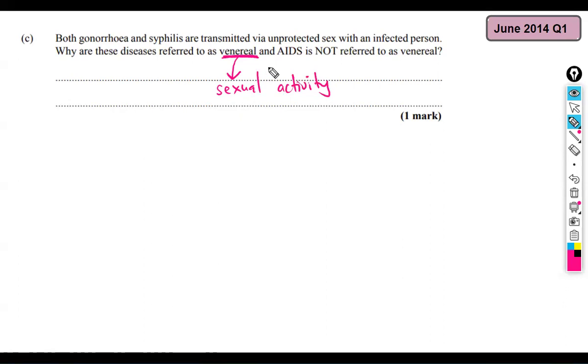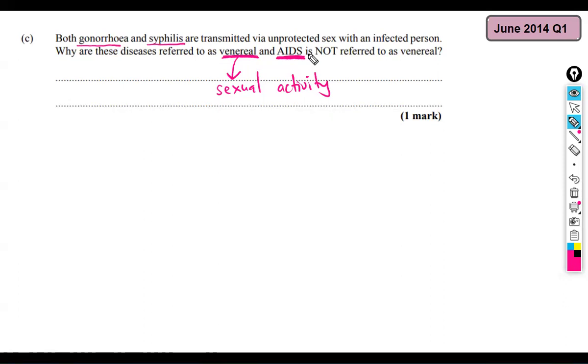So if a disease is classified as venereal, that means usually or mainly it can only be spread by sexual activity. Now, that's true about gonorrhea and syphilis. They are usually only transmitted by sexual activity. But does AIDS fall in that category? Or does even HIV fall in that category?